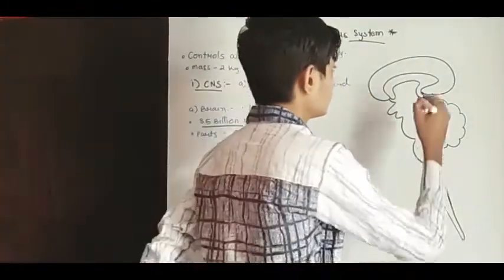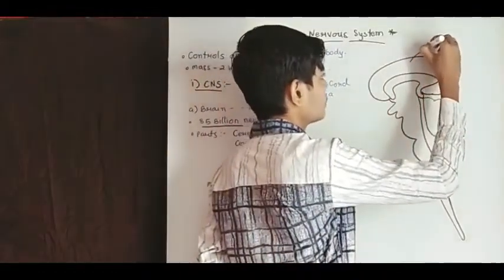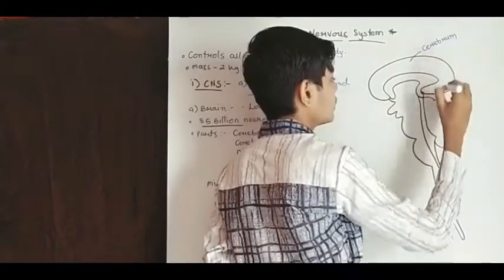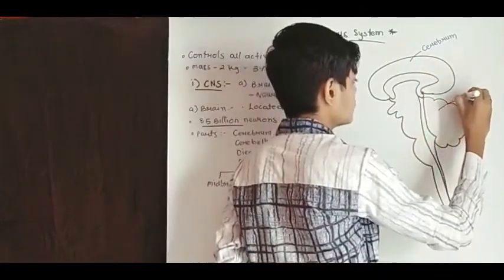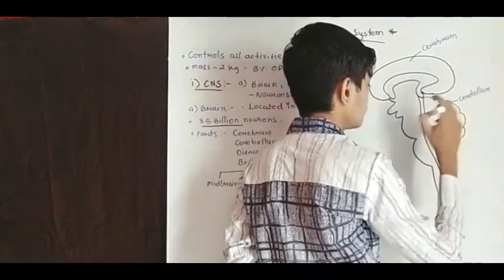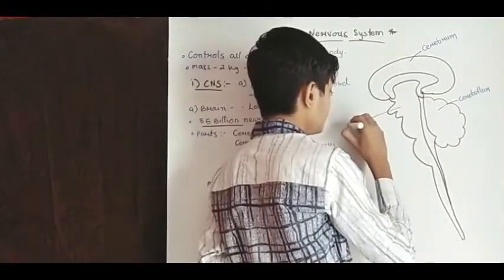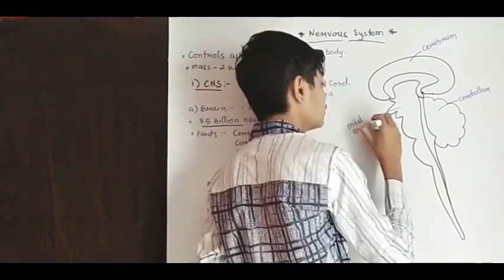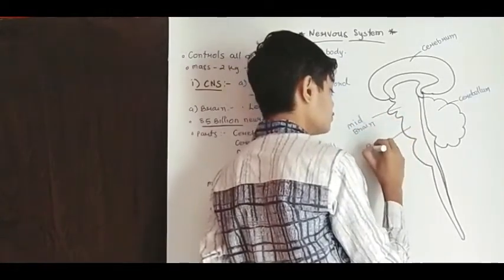This is brain. This part is called cerebrum. This part is our cerebellum. This is our midbrain. This is our pons.